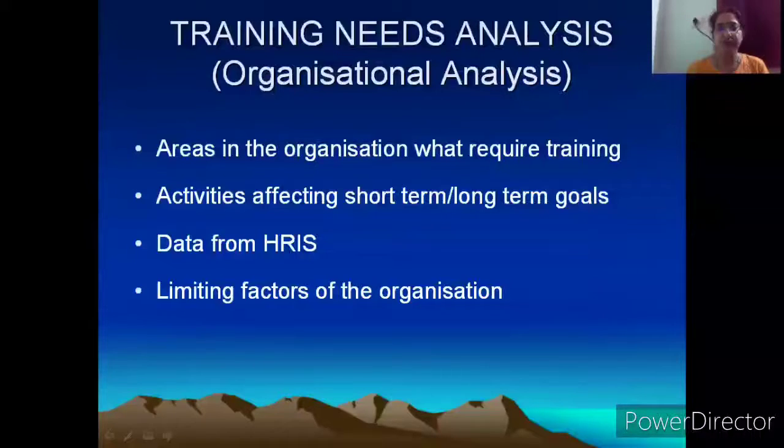So first, let us try to change the way of thinking of these top level, middle level, or maybe even the lower level managers by giving them training related to the business ethics that has to be followed in any company, and Merrill Lynch in particular. So this is a way in which, when any activity is affecting the organizational goals, we can identify where training has to be given.